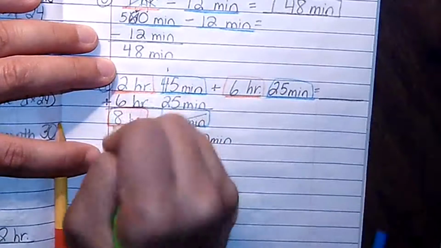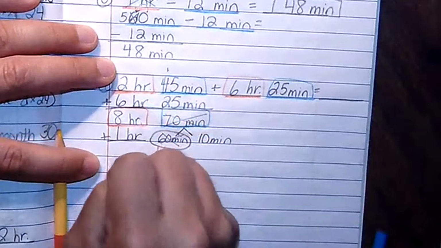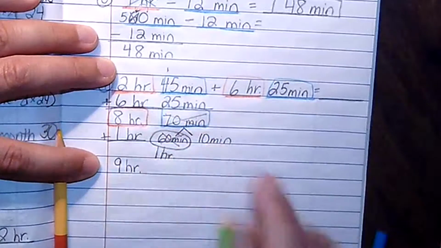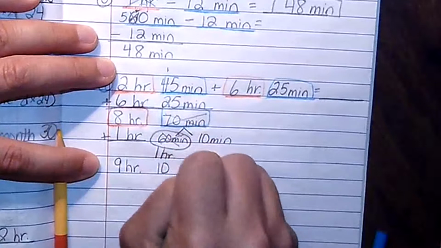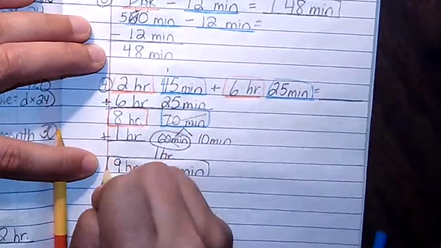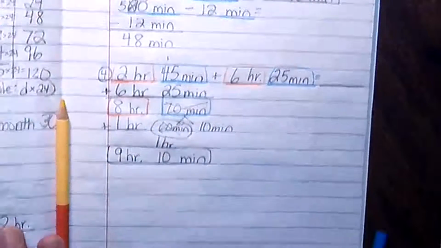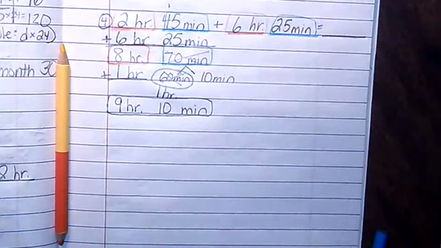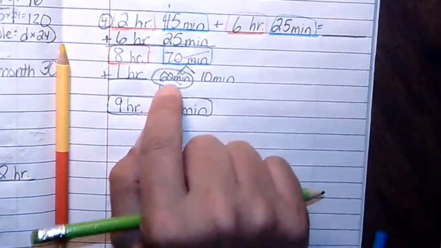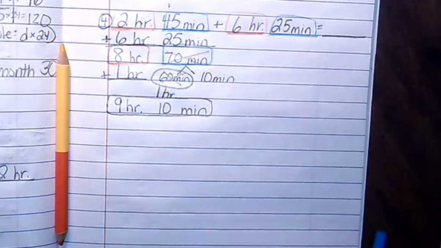And I move this 1 over here with the 8 hours. 8 hours plus 1 more hour, that gives me 9 hours and 10 minutes. And that is my best answer right there. Pretty good, right? It takes a little bit of time, but we know how to make number bonds already. So if we can take out an hour, we will, and that will help us see how much we have left.